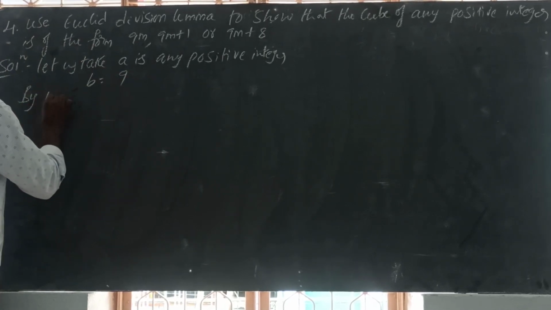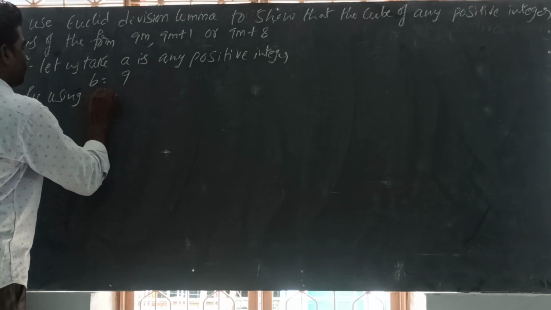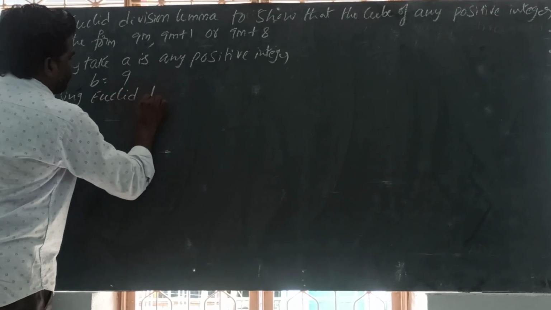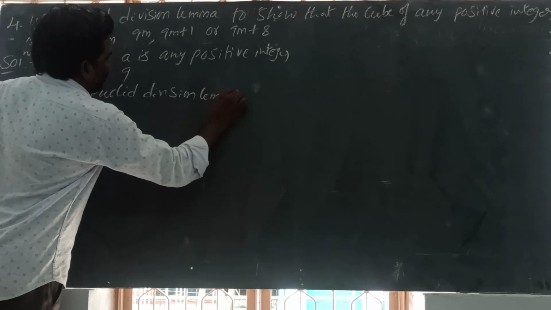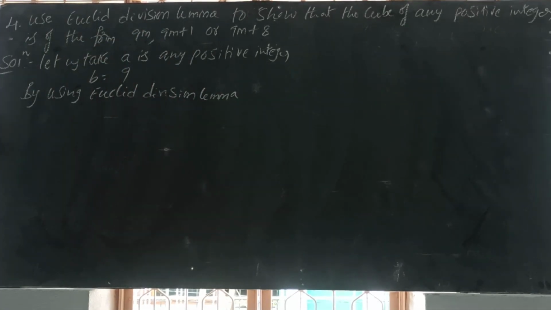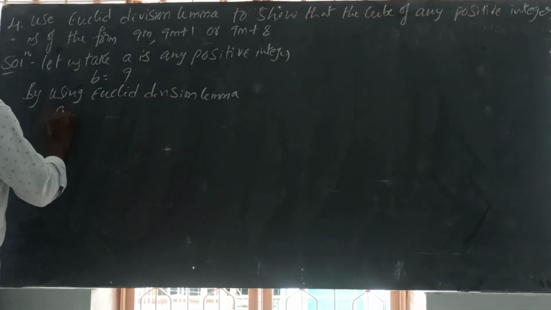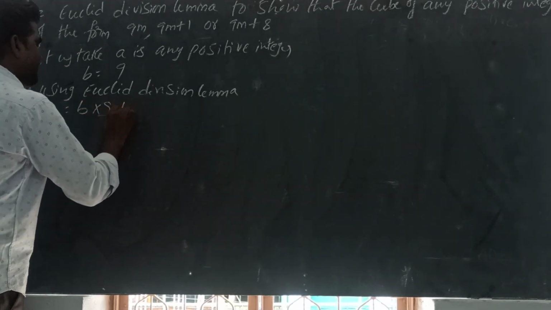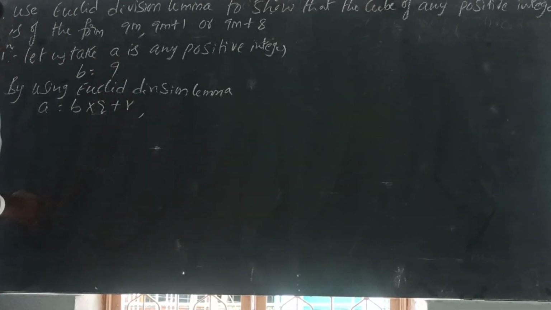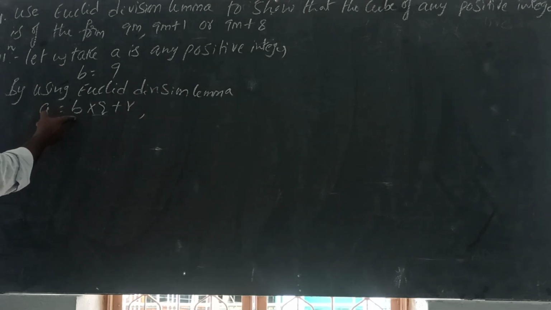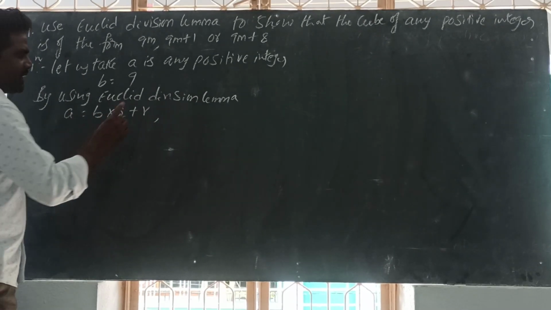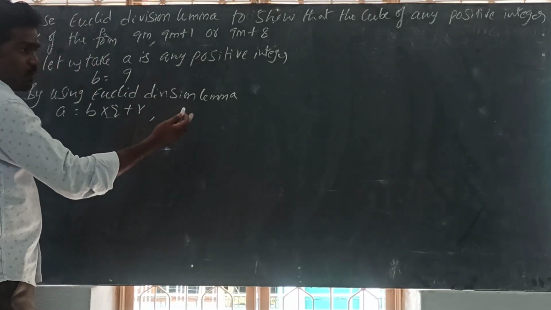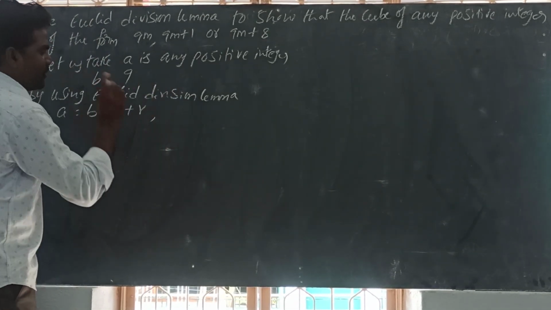So by using Euclid division lemma. So here what is the Euclid division lemma? a is equal to b into q plus r. So dividend is equal to divisor into quotient plus remainder. What are the conditions of remainder? It is greater than or equal to 0 and less than divisor.